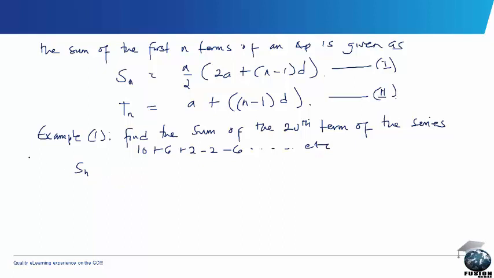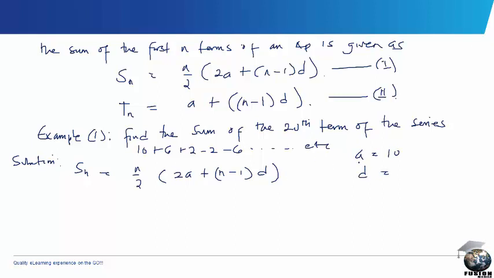Solution. We are told that the sum of an AP is n over 2 times 2a plus n minus 1 times d. We have to define these items. The first term, a, is equal to 10, the common difference d is equal to minus 4, and the number of terms, n, is equal to 20.